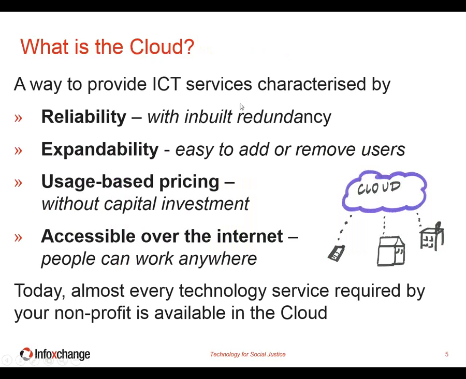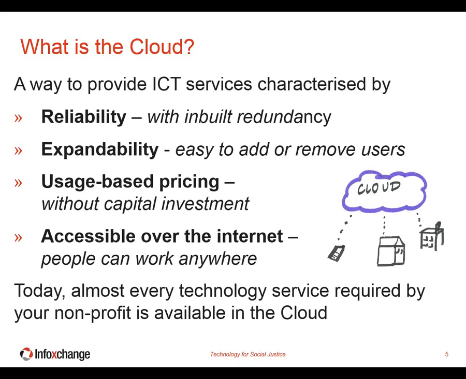Now, before I talk about Office 365, I just want to briefly talk about the cloud. At the simple level, the cloud is a way of accessing ICT services through the internet.